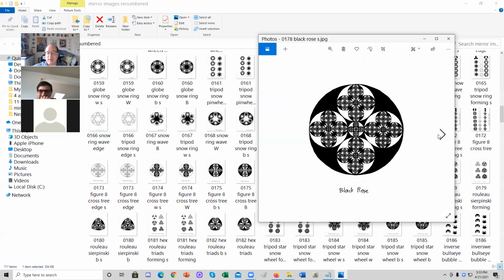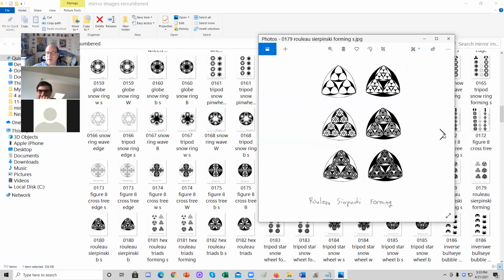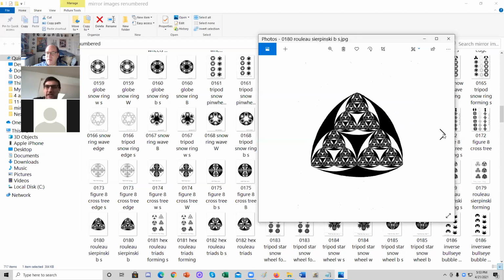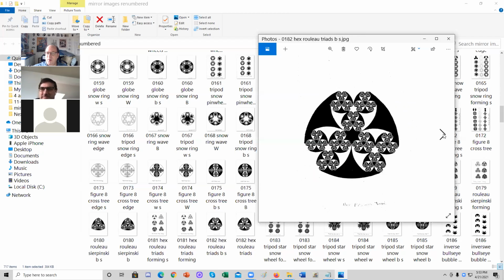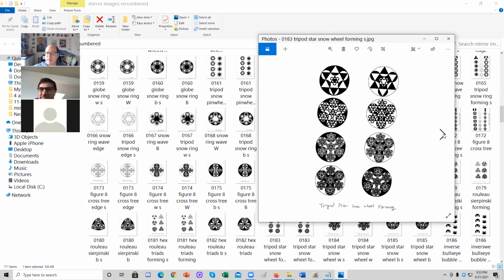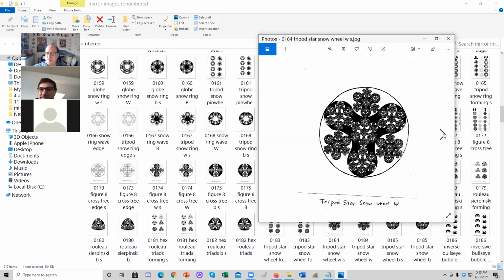This certainly looks like a stained glass window. It's the Sierpinski. Some of them even look like they have movement, but obviously they're just static images. You go in, you go out, and your eye can't help but perceive it. And this and this, and more tripods, snow stars.